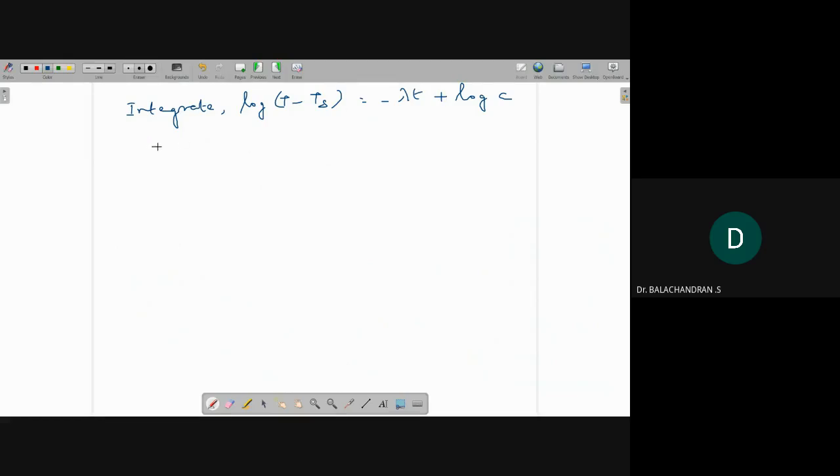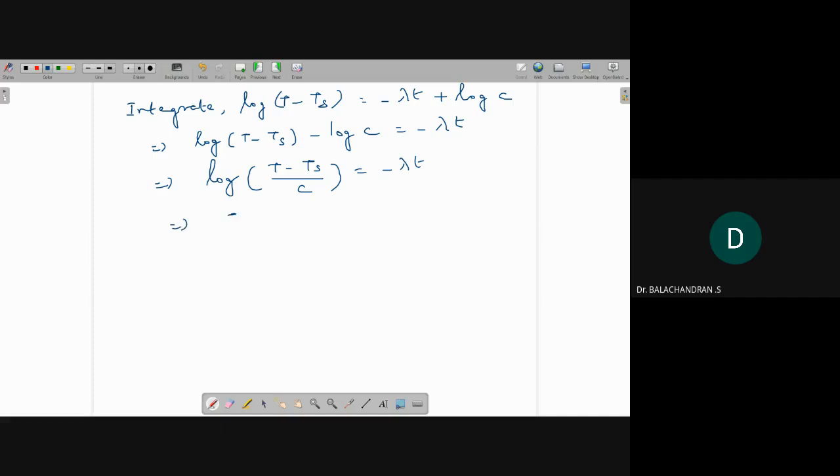So from this you have log(T - Ts) - log c = -λt. From this we have log((T - Ts)/c) = -λt.